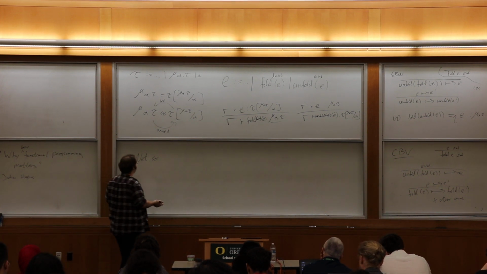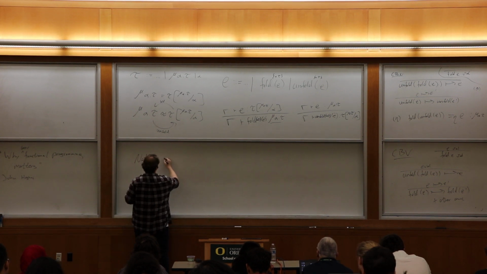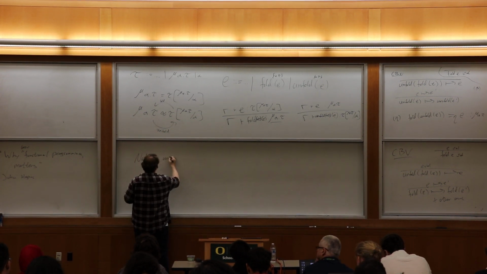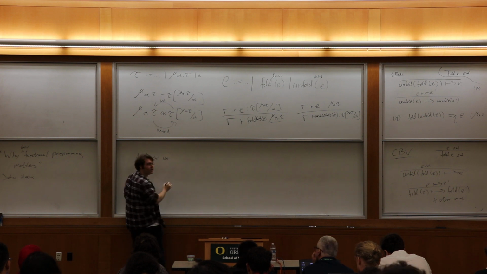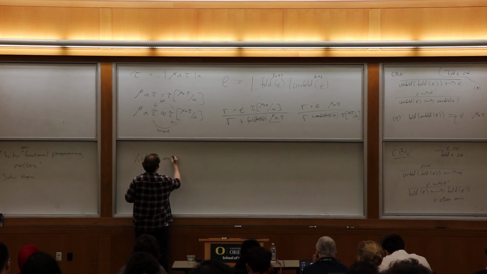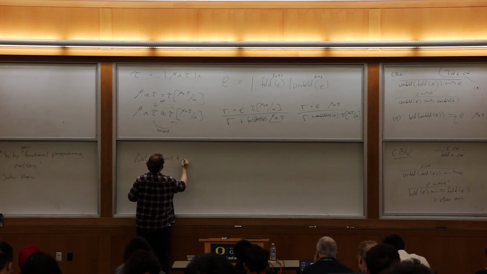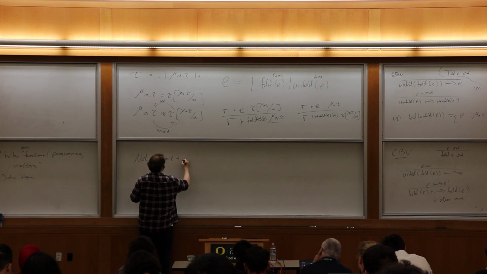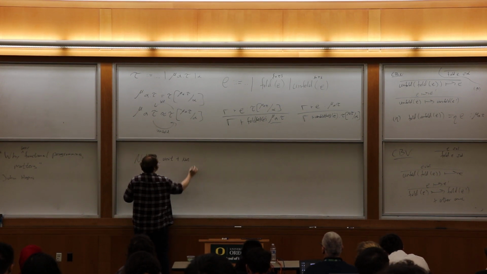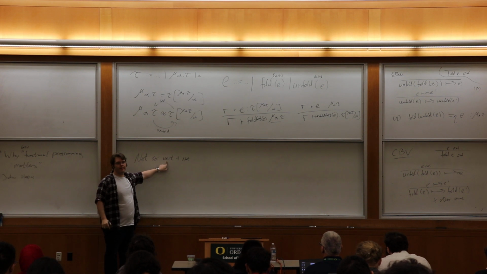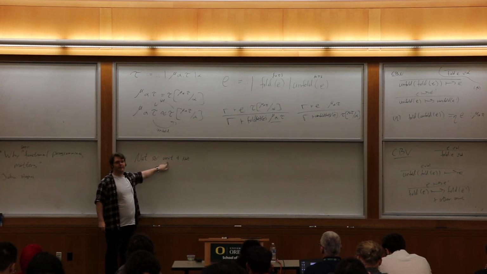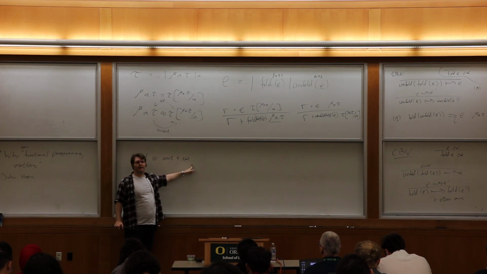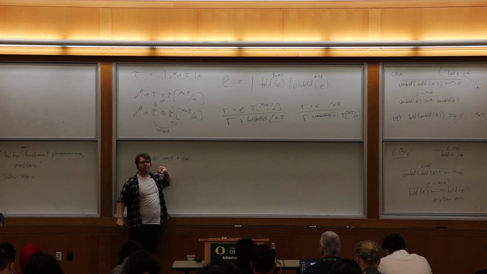So I could represent that as a sum type. I could say that nat is isomorphic to a unit plus a nat, where the left-hand side tells me I've got 0, and the right-hand side tells me I've got 1 plus whatever that is.